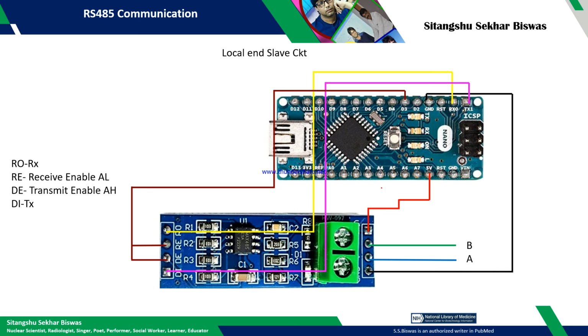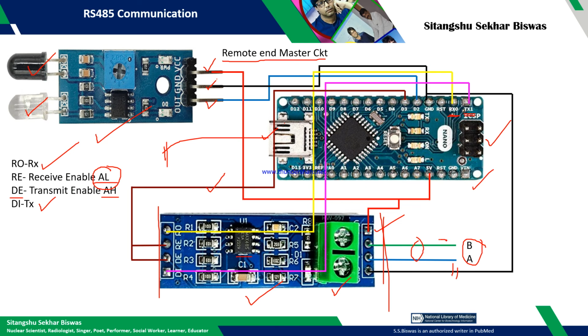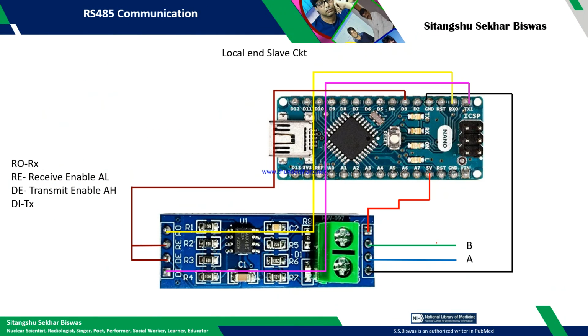Now that output, this 2 wire, will travel the desired distance and be connected to another RS-485 device which is placed at the local end, where the control and the receiving systems are placed. Okay, all other connections are the same.